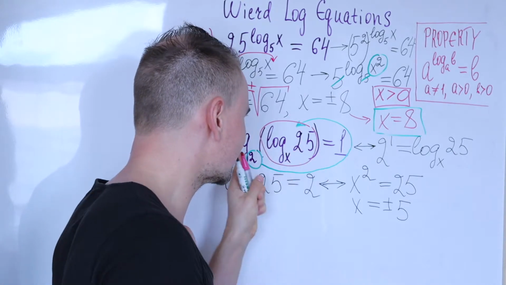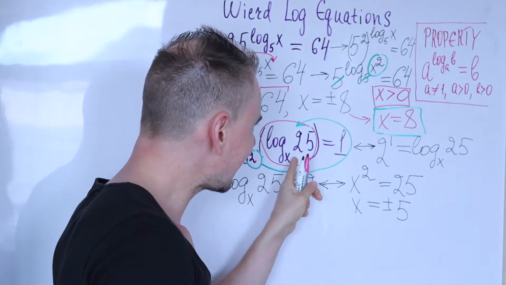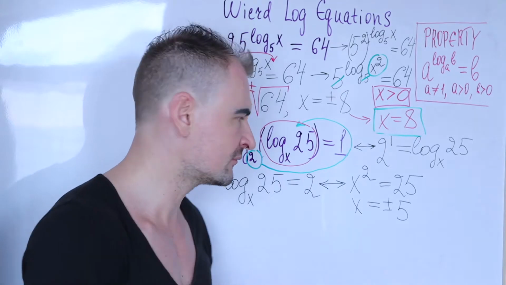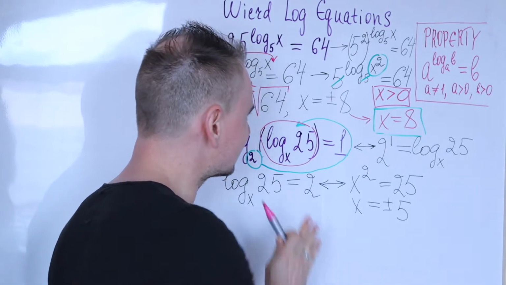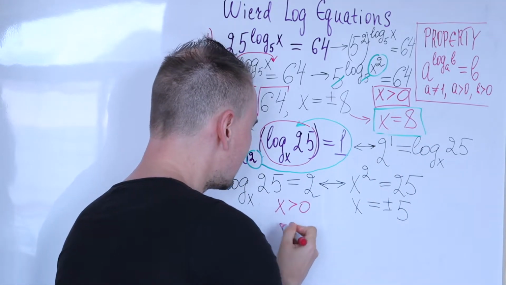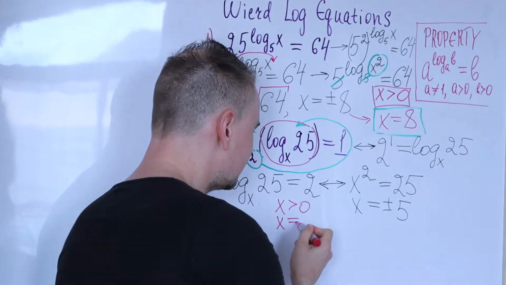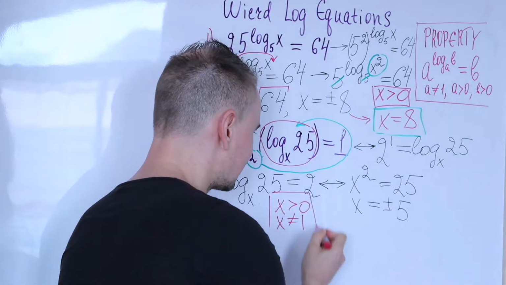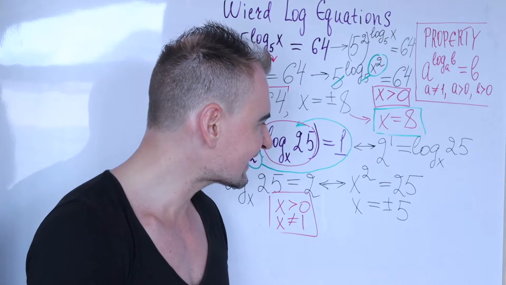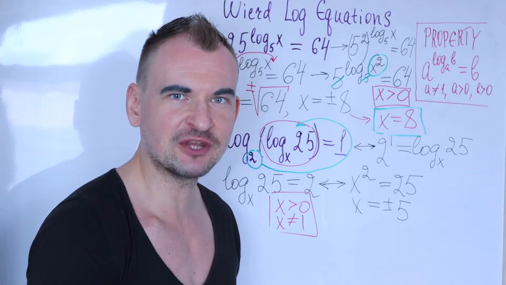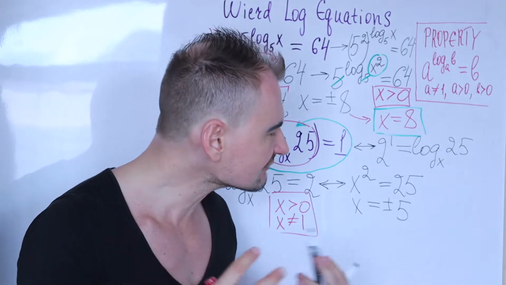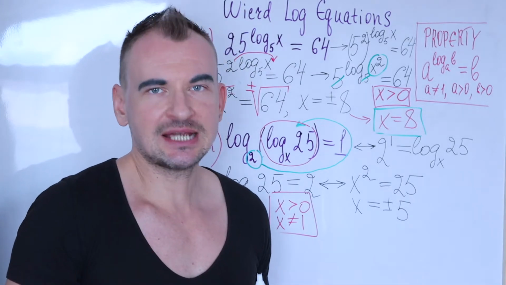So look at your original expression, and since x happens to be the base of your logarithm, there are some restrictions for the base, such as x has to be greater than 0, and also x cannot equal 1. So from what we got, x cannot equal negative 5. Negative 5 is an extraneous solution, an extra bad solution, and has to be thrown out.